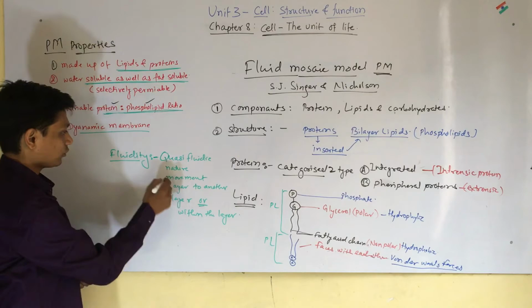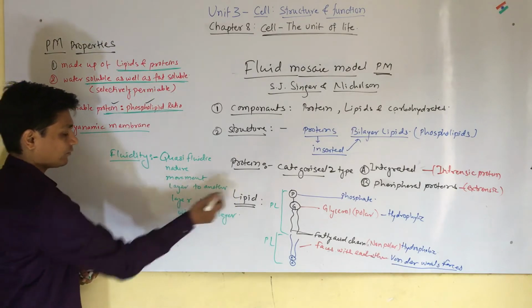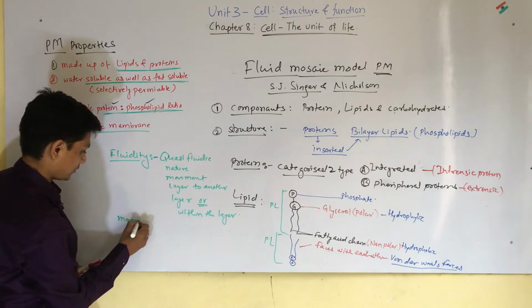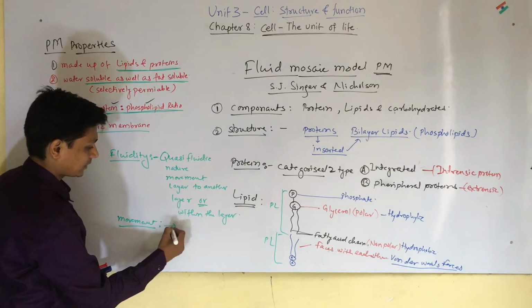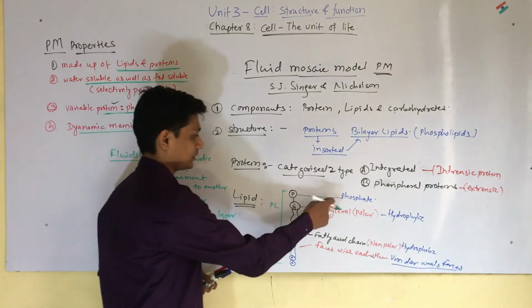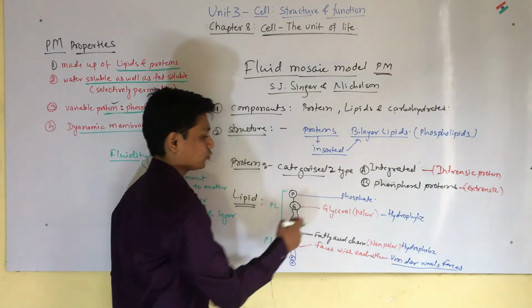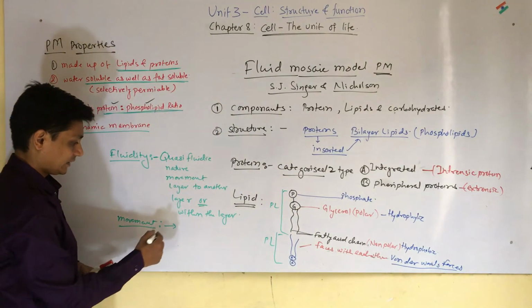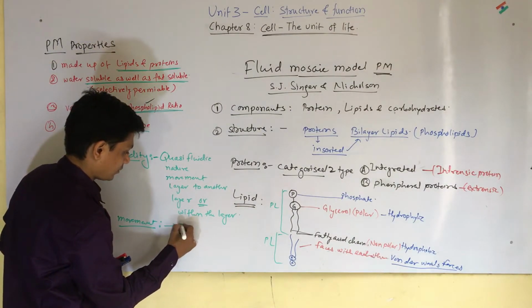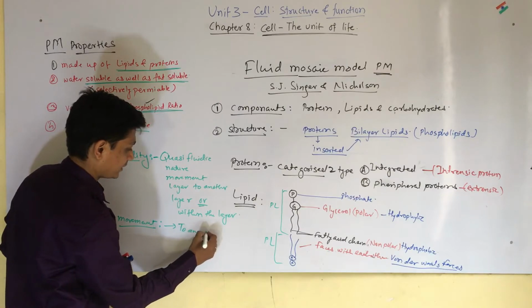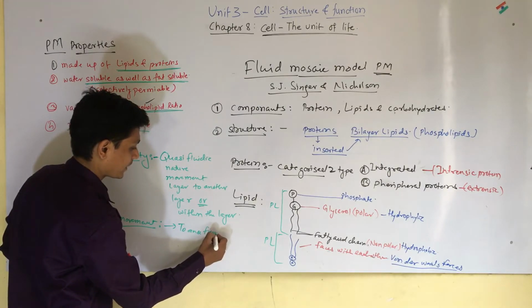According to this, the movement of lipids is of two types. The movement within the layer, that is to and fro motion, is known as to and fro movement.